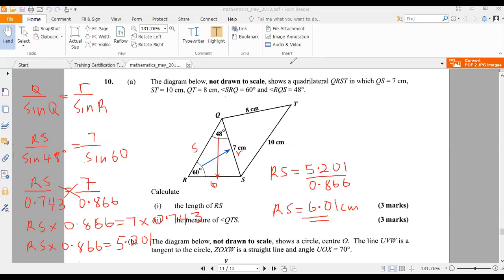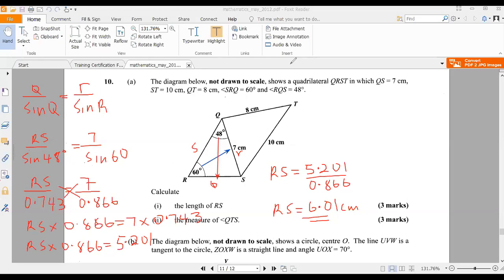So bear in mind, it's most likely you get something about sine rule and cosine rule, but you just have to have an open mind. Always remember, whatever past paper you go through, it's not the same questions you are going to get.